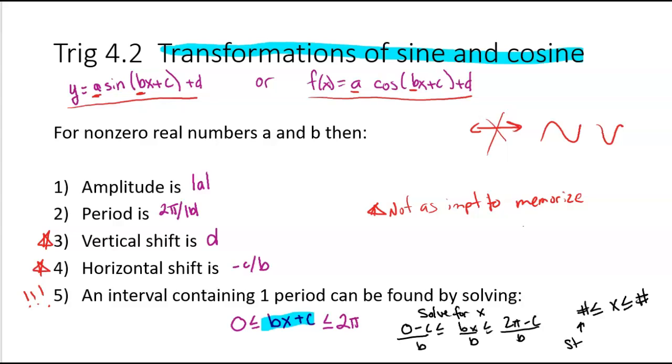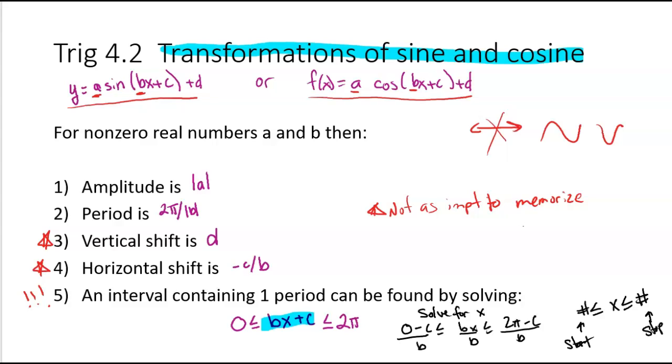This is going to be the start and the stop of your interval. So we still want to find five little interval spaces.